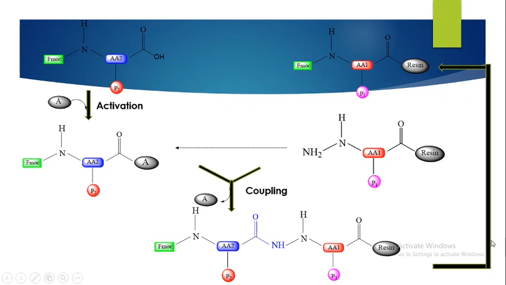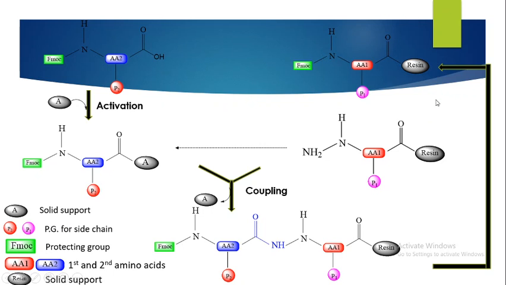And this reaction is continued till the required peptide and polymers are obtained. And in the last step there is a deblocking or deprotection, because in this amino acid the amine group is protected and also the carboxylic acid is protected with this resin.